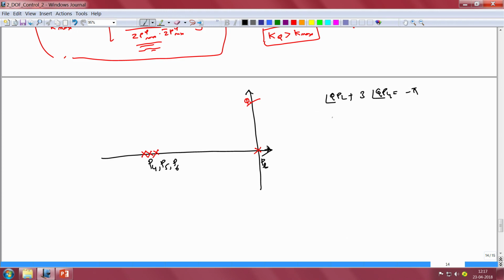Now once again we note that the angle QPL is equal to minus pi by 2, hence we would have 3 times angle QP4 equal to minus pi by 2, or in other words angle QP4 equal to minus pi by 6, or equivalently 30 degrees.